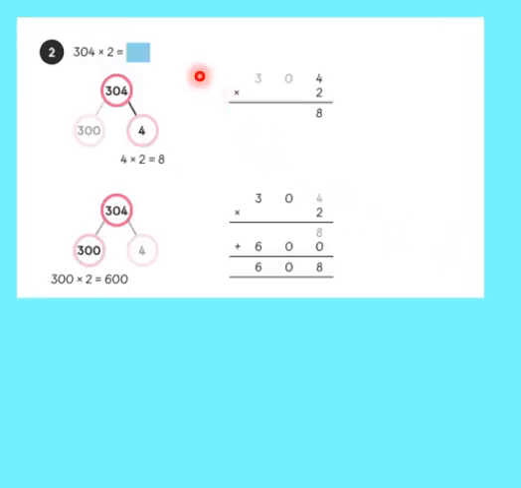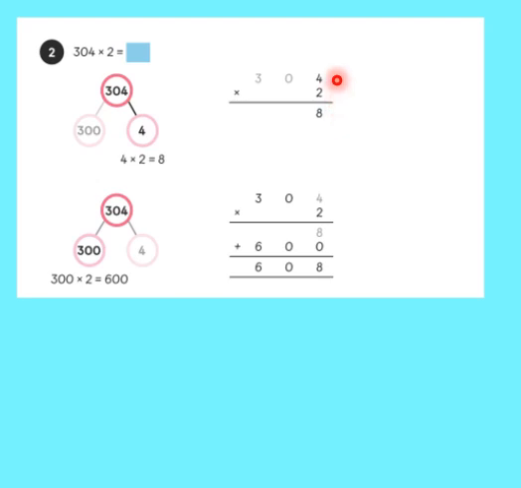Now here we can look at the same problem using a part-part whole model. So 304 is shown, it's made up of 300 and 4 1s. We can calculate it using this layout. So I start with my 1s.